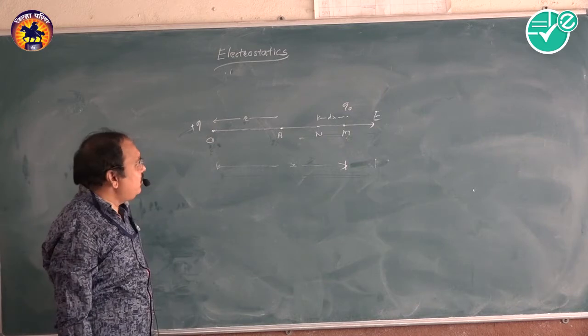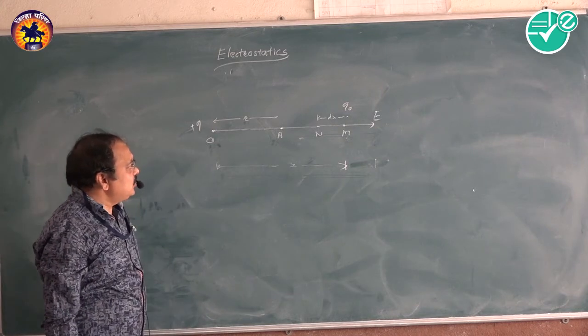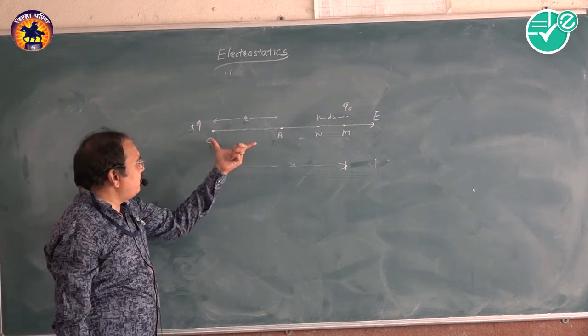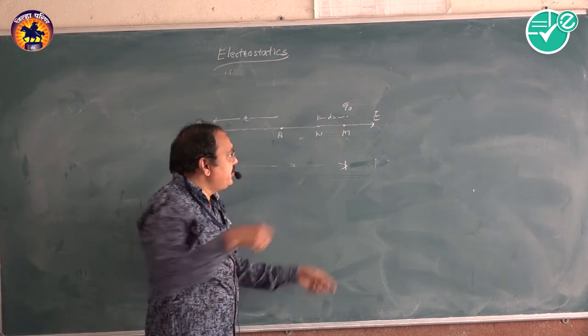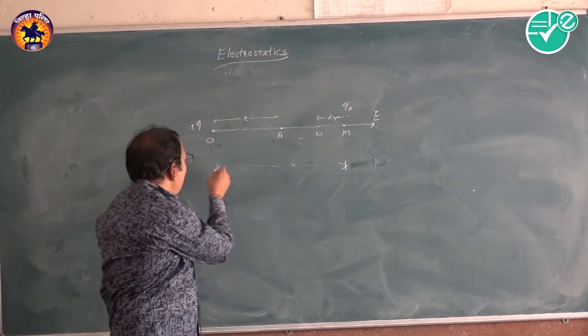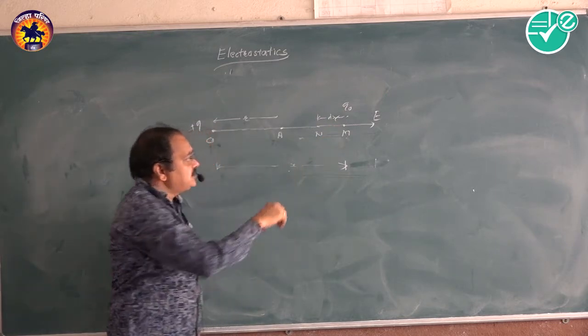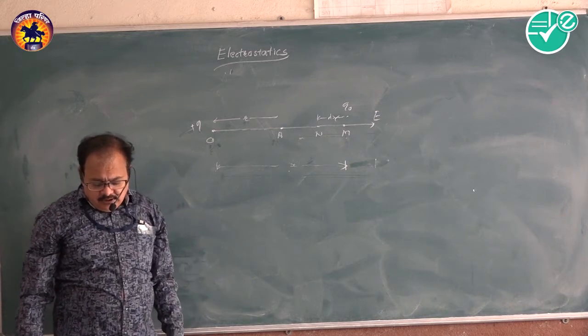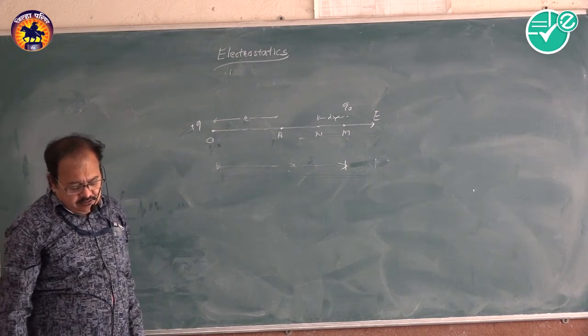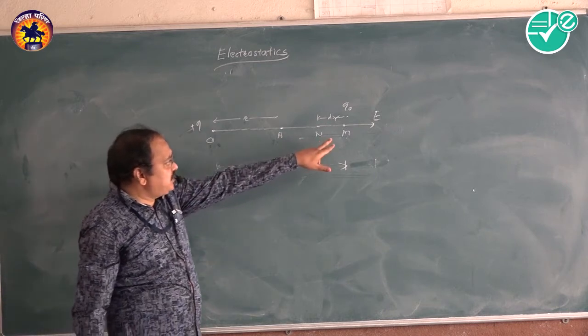Our present location is at point A. So the distance OA is R, the small element is dx, and from O to M the distance is x. So it experiences the test charge which is placed at point O naught.